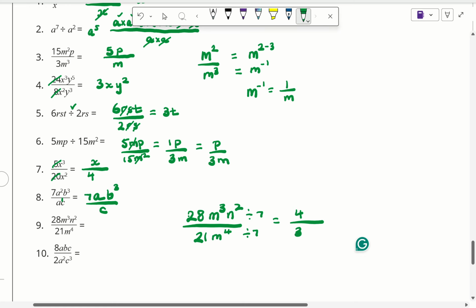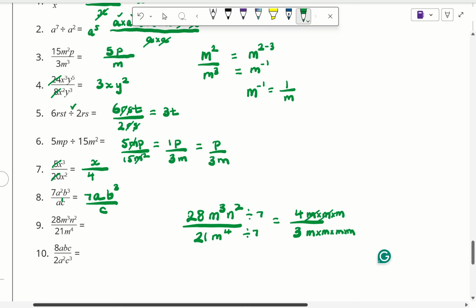So we've got 4/3. Okay, now let's work out what the pronumerals are. M cubed divided by m to the power of 4. If I could write it out longways, m times m times m over m times m times m times m, it might be worth doing this.